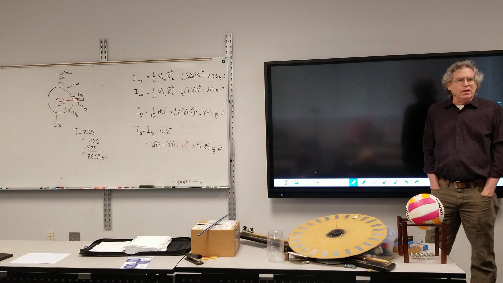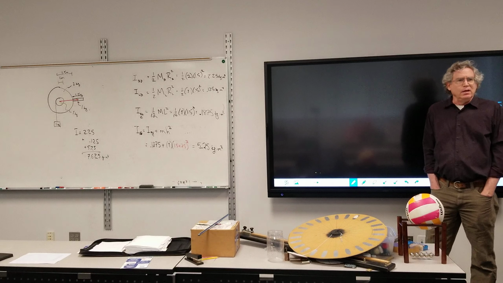All right, so what is the equation of motion of the 5 kilogram mass? I know we skipped a couple steps there, but I think you can handle it. Do we need to establish a positive direction first?